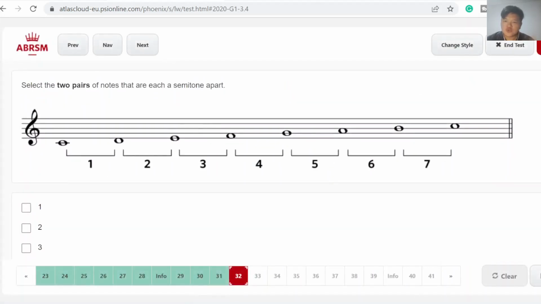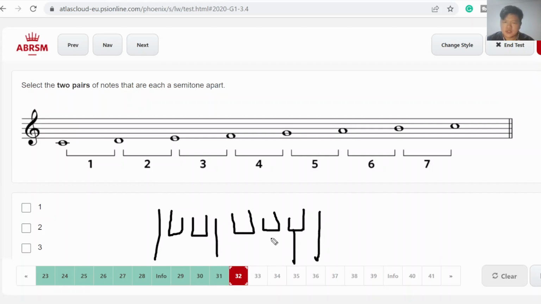So we need two pairs of semitone. First we need to know what is the semitone here. So we need to draw a piano, right? If you have the piano here, you don't need to memorize anything. You just need to know that a semitone is actually a half step. Some people call this a half step, some people call this one step, either way will do.